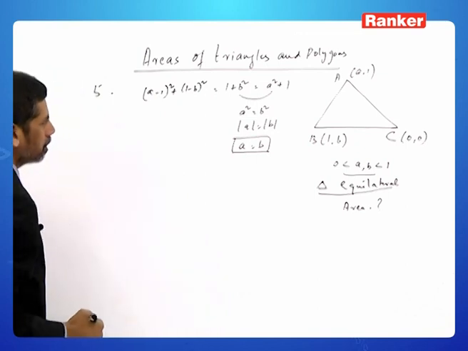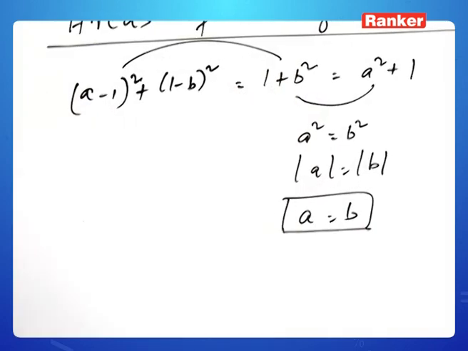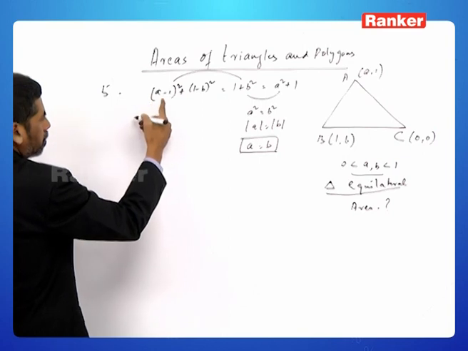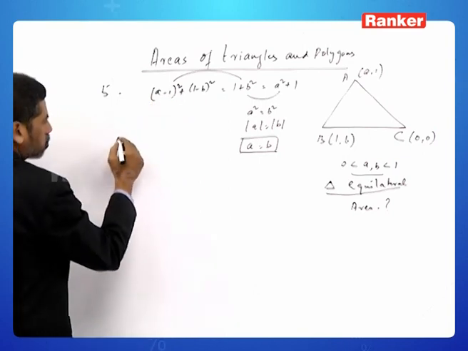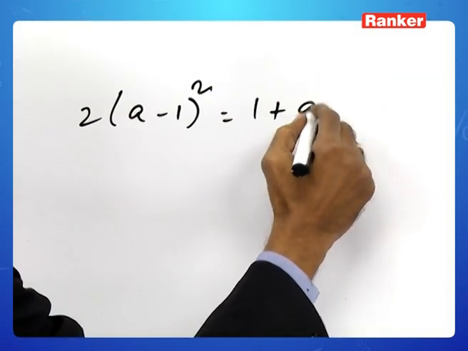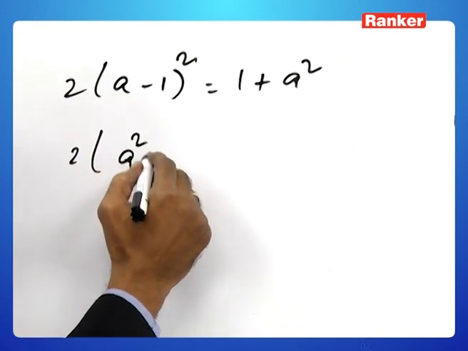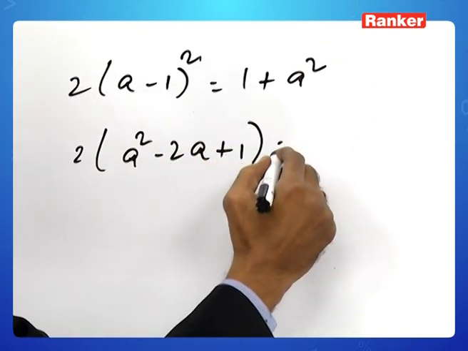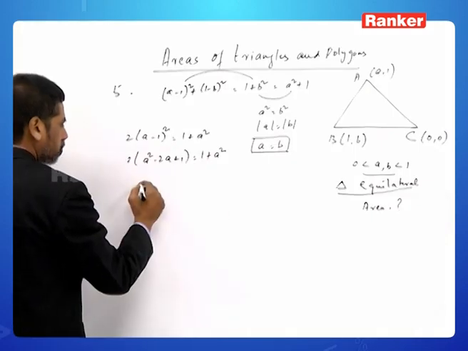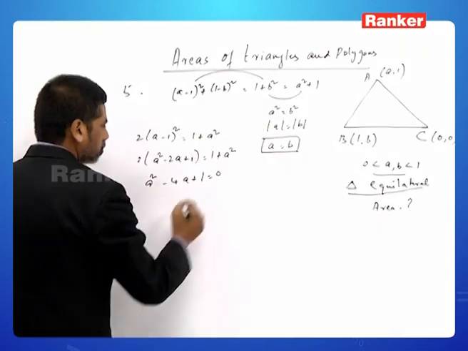That is one thing. So now let us take this pair. Because b is already equal to a, this becomes a minus 1 whole squared plus 1 minus a whole squared, that is 2 times a minus 1 whole squared is equal to 1 plus a squared. So this will be 2 times a square minus 2a plus 1 is equal to 1 plus a squared. 2a square minus a square is a square minus 4a plus 1 is equal to 0.